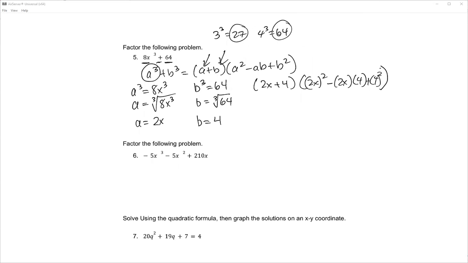So if we simplify that, it'll be 2x plus 4 times 4x squared minus 8x plus 16.